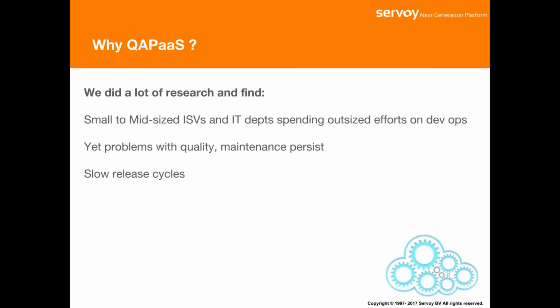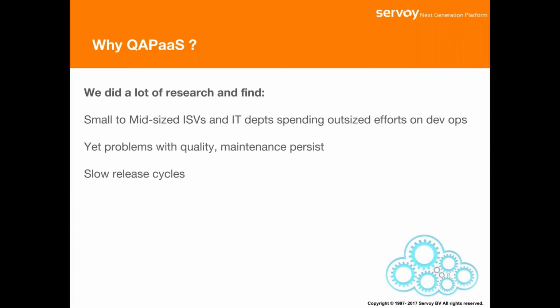We did a lot of research, and we found that a lot of our customers, small to mid-sized software vendors and IT departments and corporates, were really spending a large amount of their time on DevOps, on maintaining source code, on just coordinating development between developers, managing deployments, with very little automated tests, very little quality assurance other than responding to bugs.